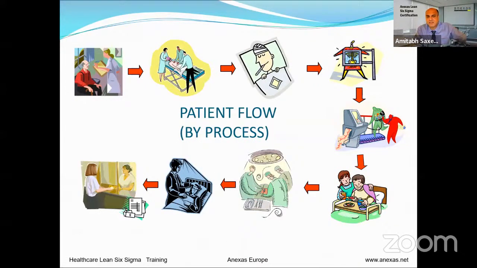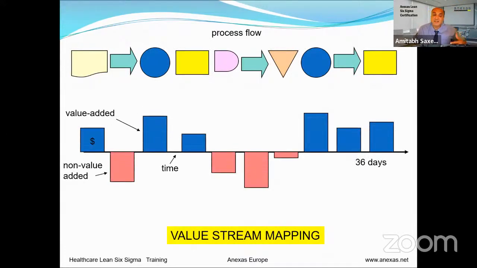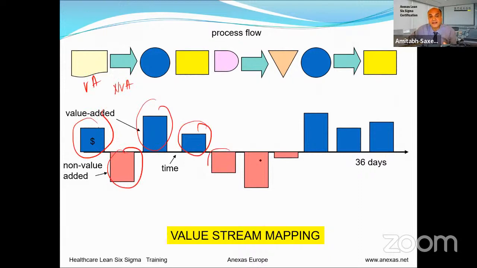So this is a typical patient flow in a hospital. And we start identifying what is value added, what is non-value added. You can map this for your own process also, not necessarily in a hospital. You can think of your own industry. Map the process. Some of the steps are adding value, some are non-value added.